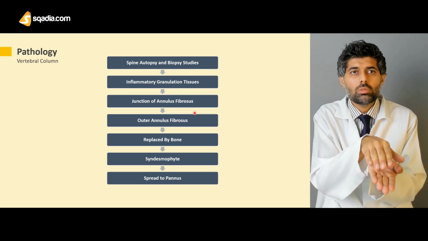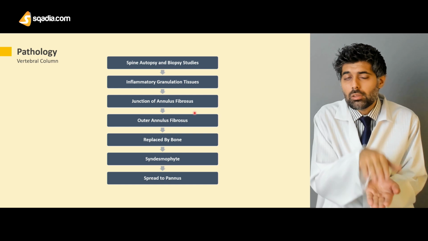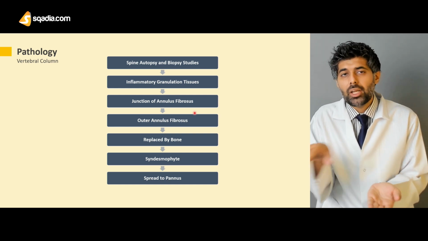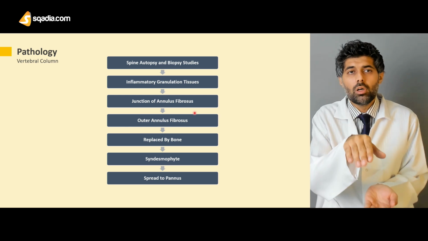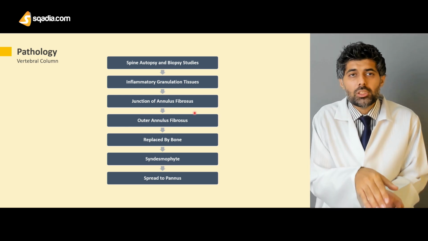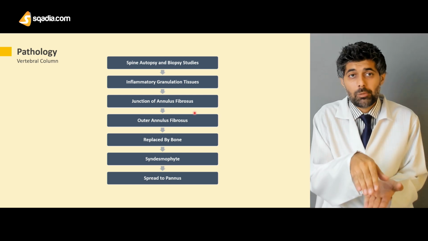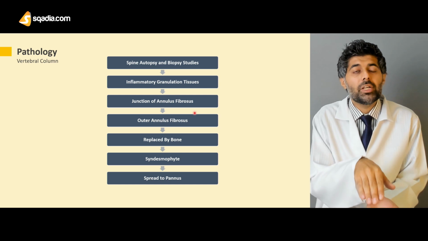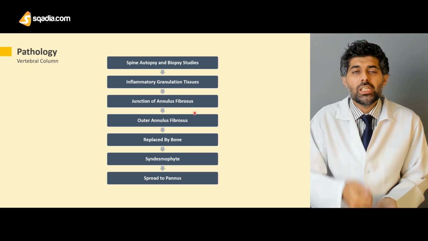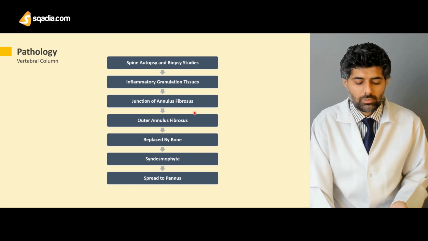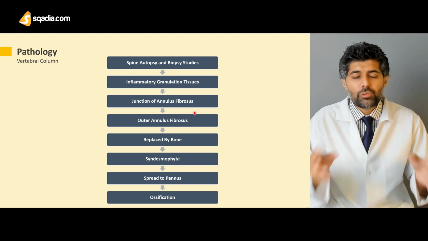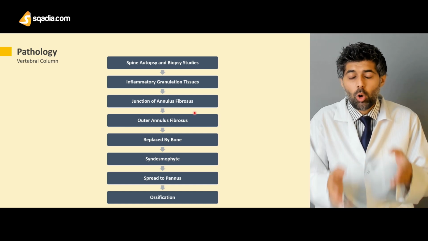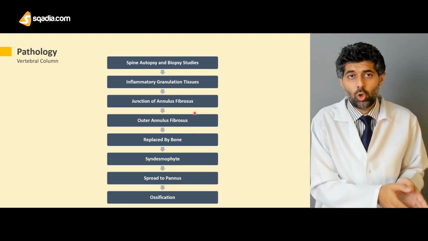So, if two vertebrae have joined together via ossification to form a syndesmophyte, through the pannus more and more vertebrae will take part in the syndesmophyte, and it will usually increase towards the cranial side. All of this will result in ossification of the whole of the vertebral column.